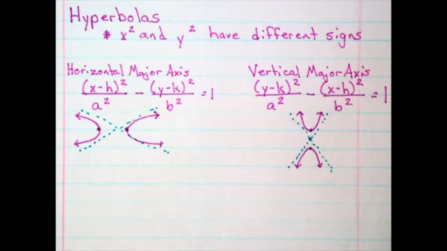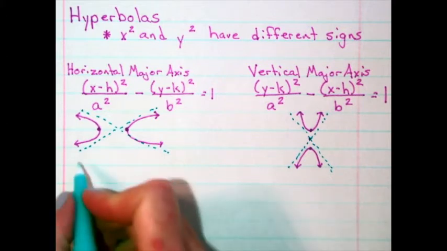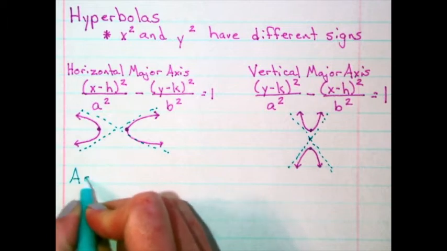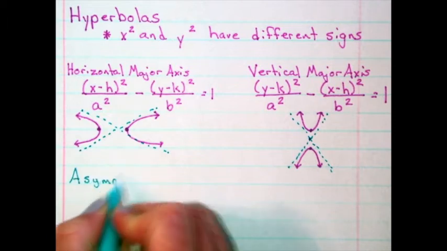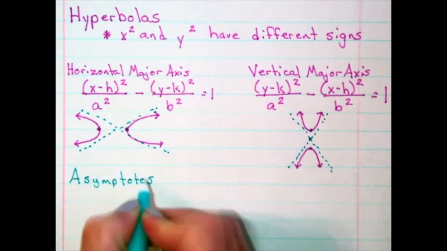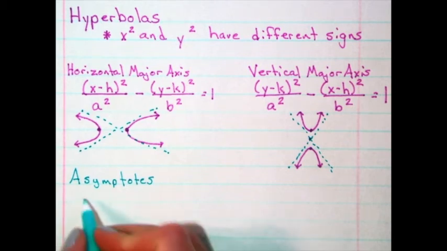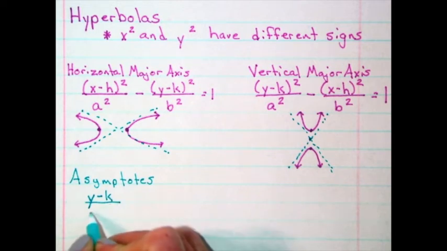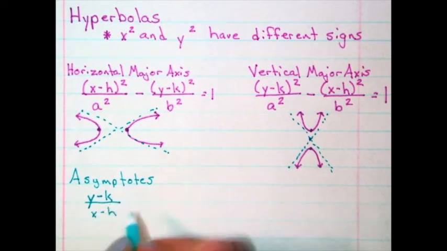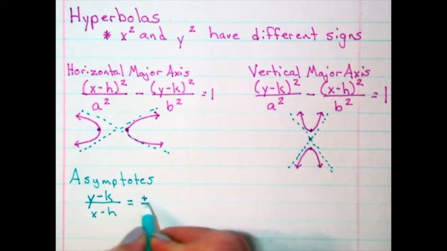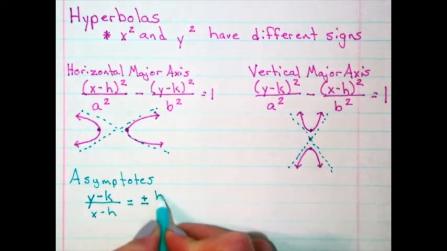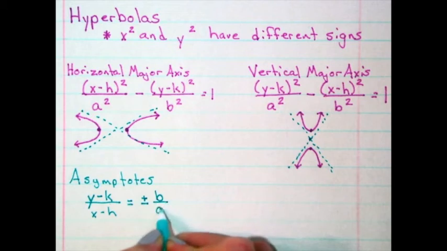So asymptotes have a specific formula. When we talk about asymptotes, horizontal major axis asymptotes are going to be calculated by y minus k over x minus h equals plus or minus b over a.